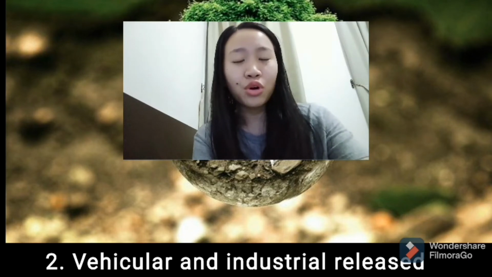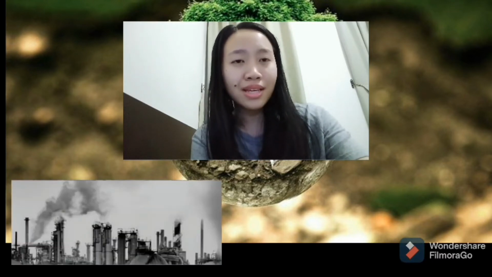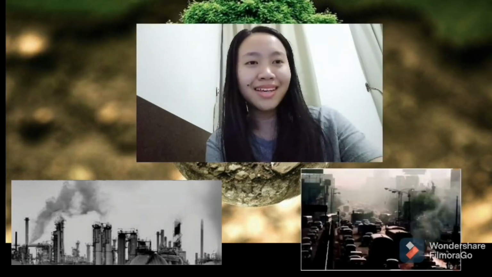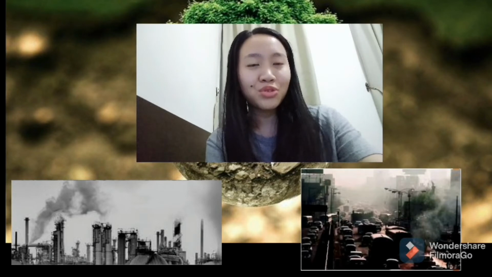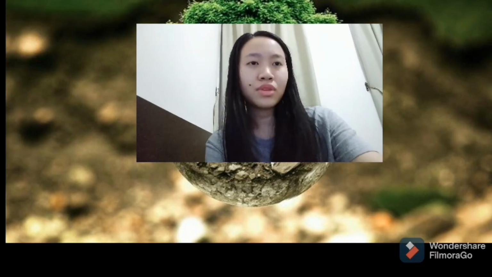The discharge of the transportation sector resulting from fossil fuel combustion in cars, trucks, buses, and motorbikes are the main contribution of smog formation. Most of the smog forms in the large cities.